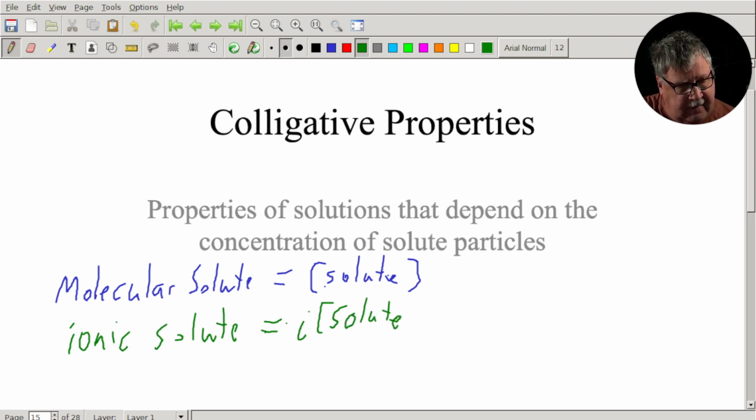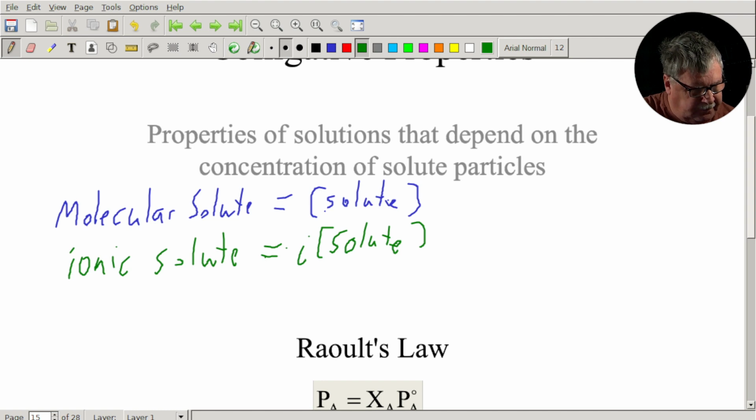For example, if we dissolve copper(II) sulfate into solution, the concentration of solute particles is going to be twice the concentration of copper(II) sulfate. We ignore the water. The water concentration doesn't change, but the concentration of copper ions and the concentration of sulfate ions each are the same as the molarity that we calculated. Okay? We can do it with sodium chloride as well.